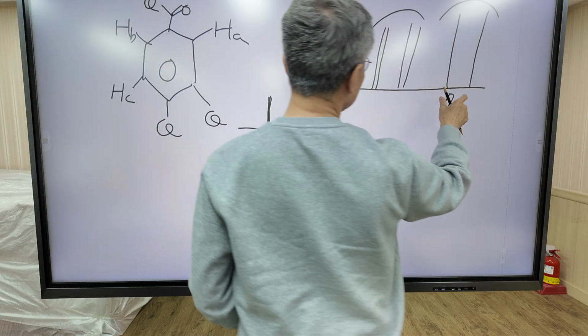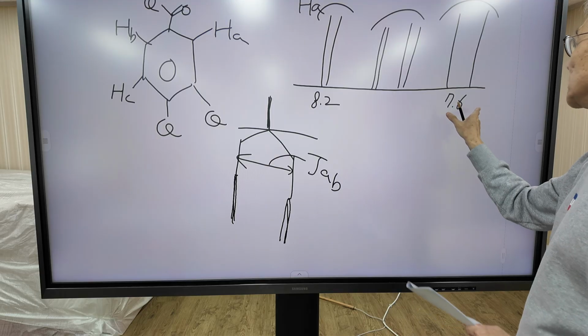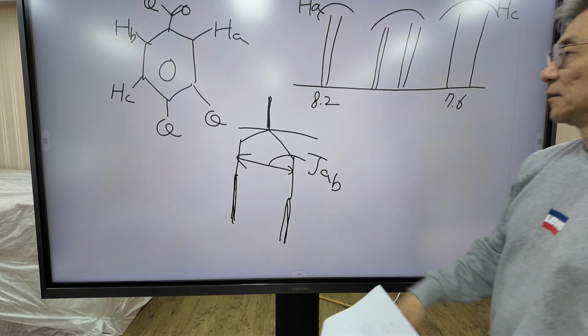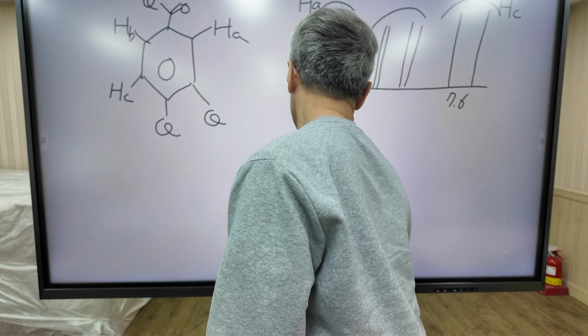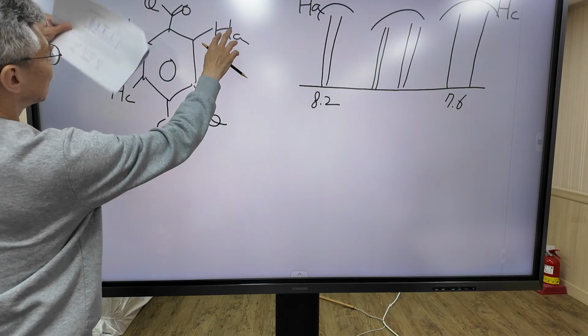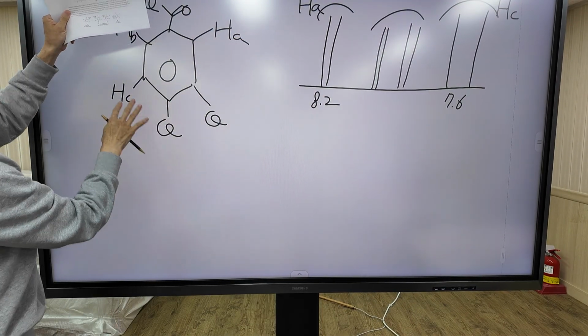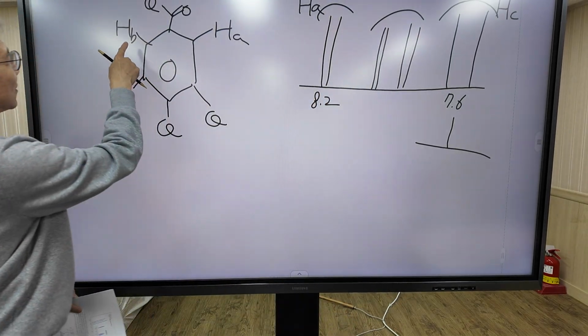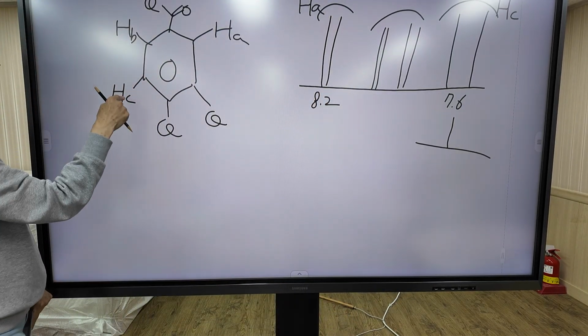Now the peak around 7.6 ppm comes from the HC proton. Without HB, this would show only a single line, but there is an HB proton right next to HC.